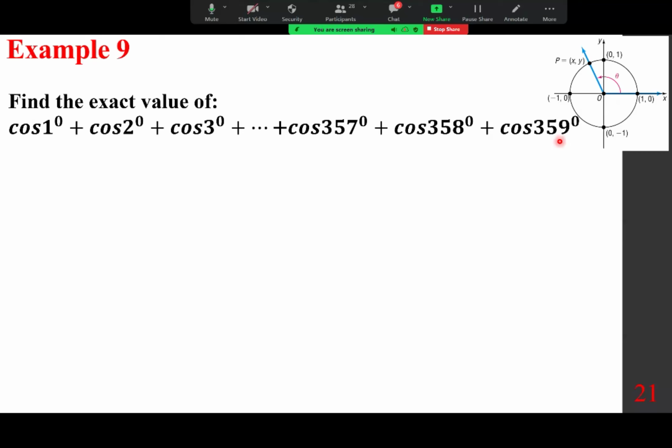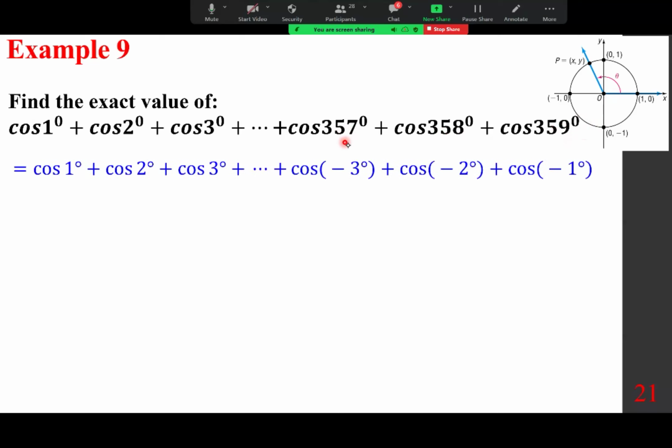The same as negative 1, right? 358, negative 2, 357, negative 3 degrees. This is identical to the previous page, everybody, but sine has been replaced by cosine. However, cosine is an even function. So we have to change this to cosine of positive 3, cosine of positive 2, and cosine of positive 1 because it's an even function.